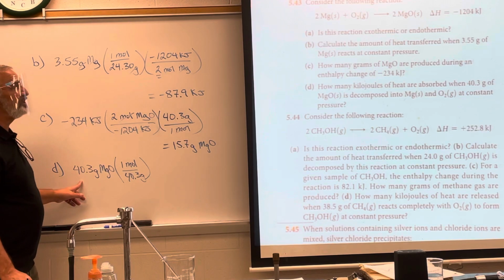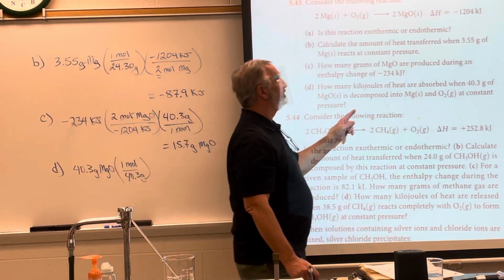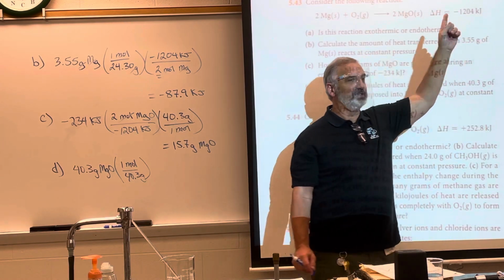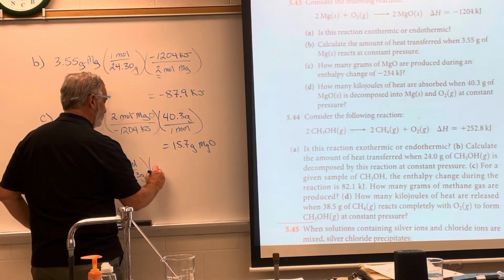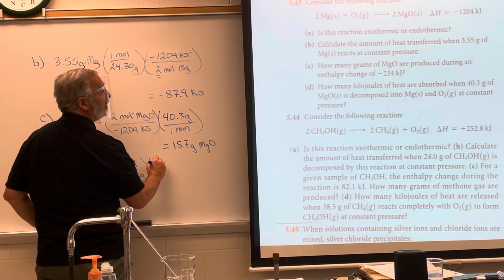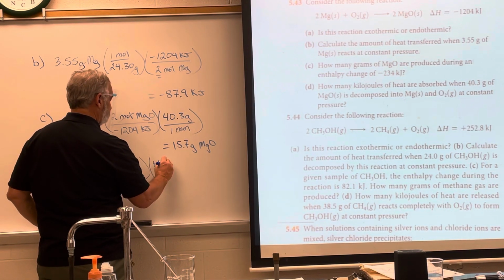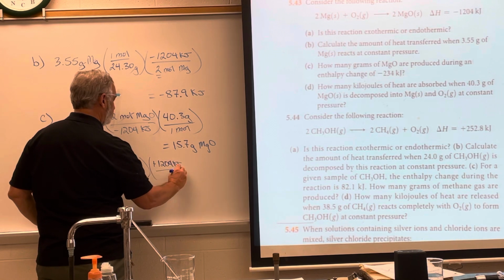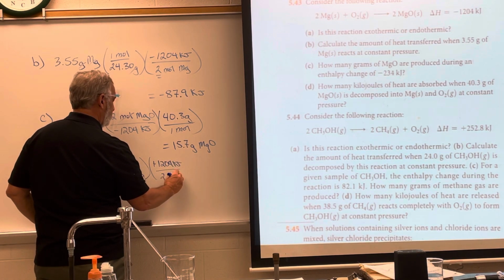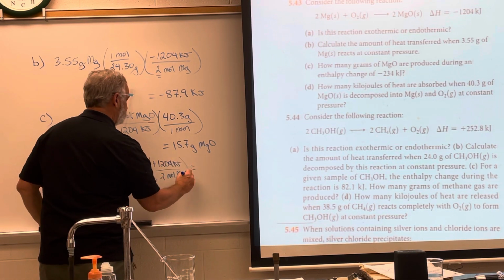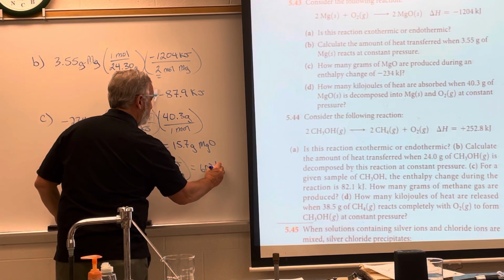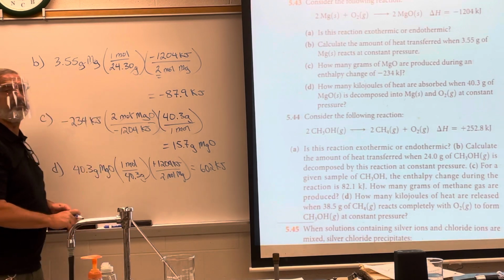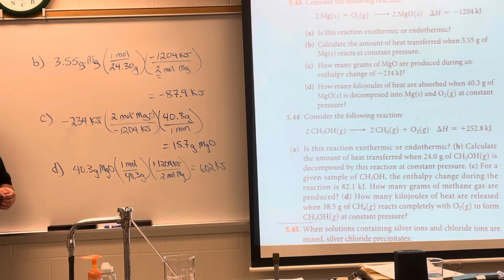Okay, well, how much energy is needed for 2 moles? 1204. So we know it's really just going to be half of that, but we can just say positive 1204 kilojoules over 2 moles MgO. So that's just going to be 1204 divided by 2, which is equal to 602 kilojoules. So you just have to add in that much heat.